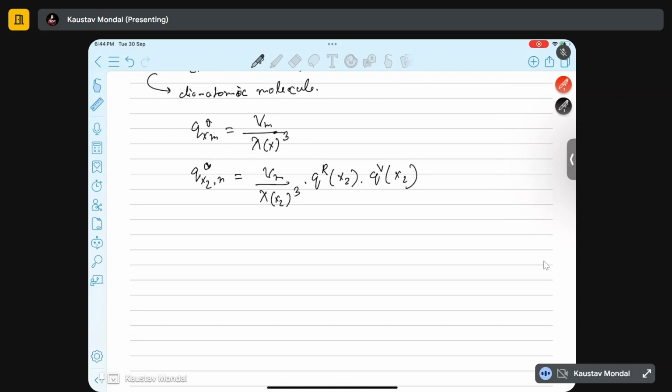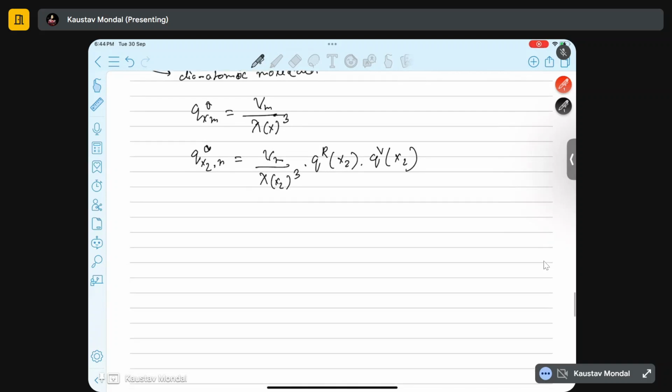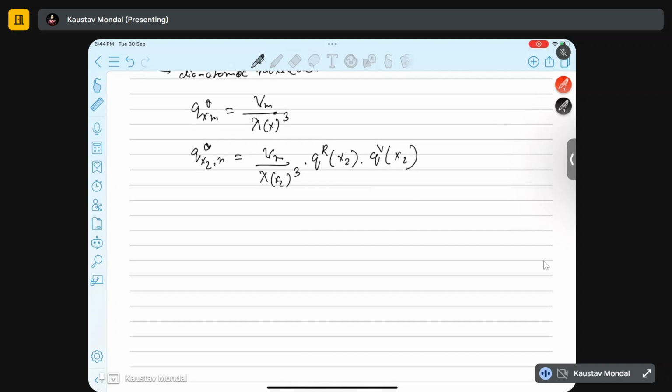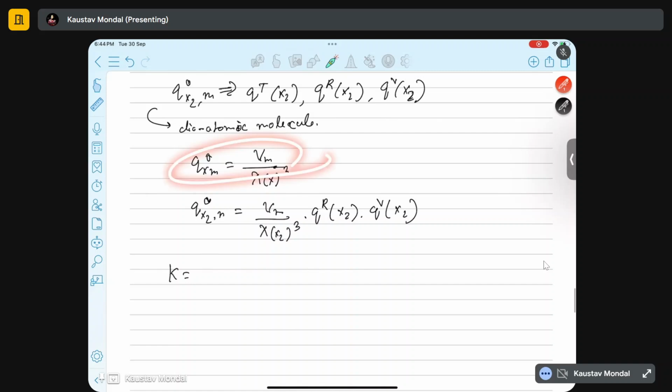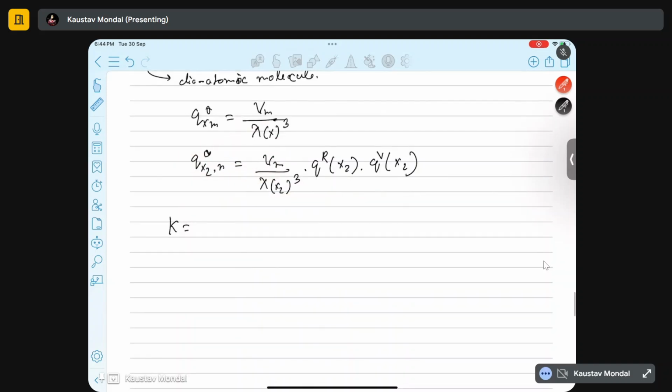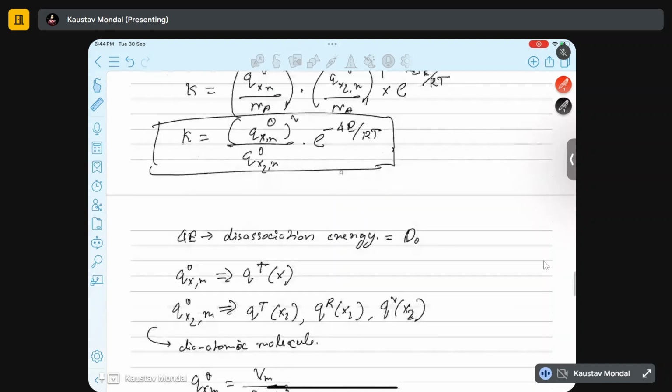So after getting all of this, substitute all of this thing here. So K is this expression, so K is this. So here in terms of qXm and qX2m, we just substitute these two. So let's do it. So K now becomes, first the qX, right?